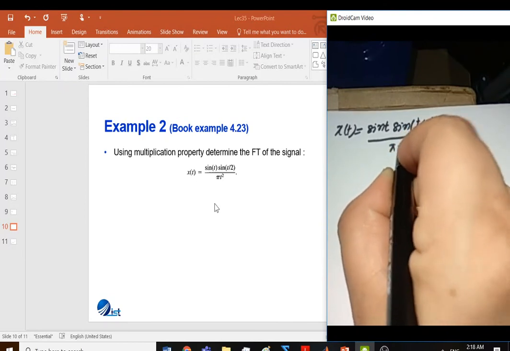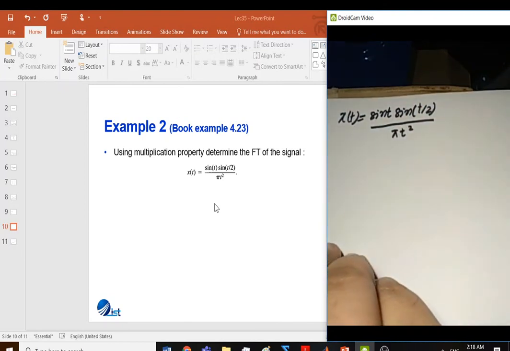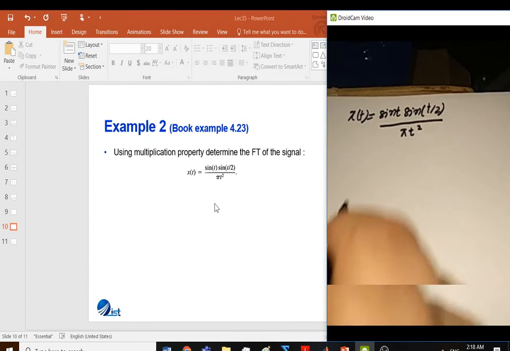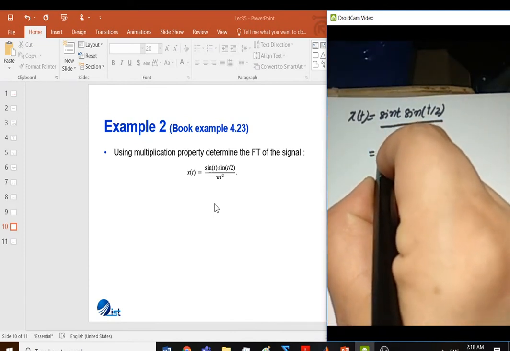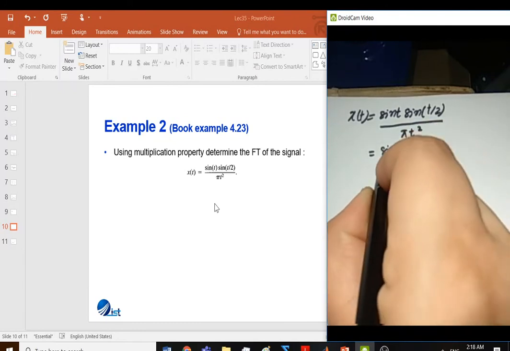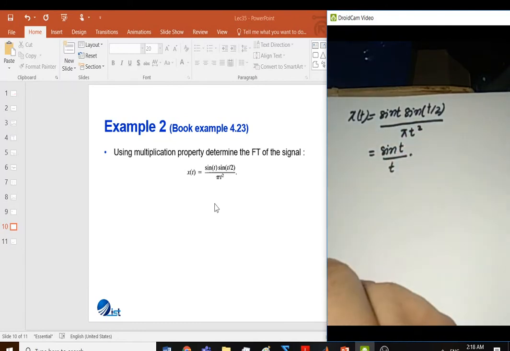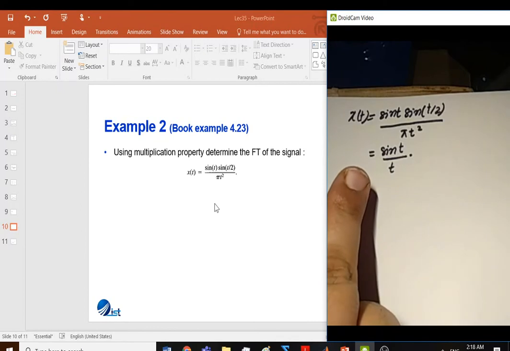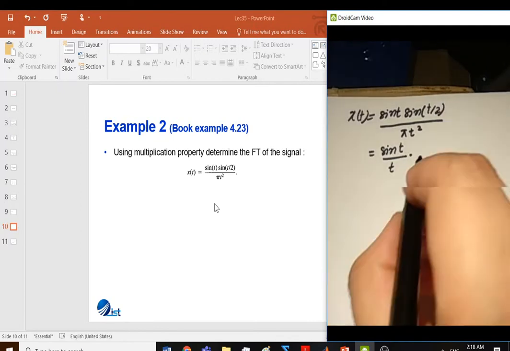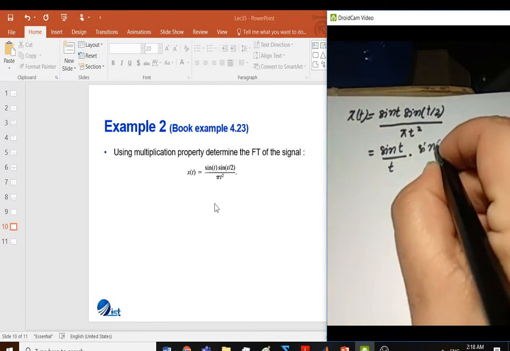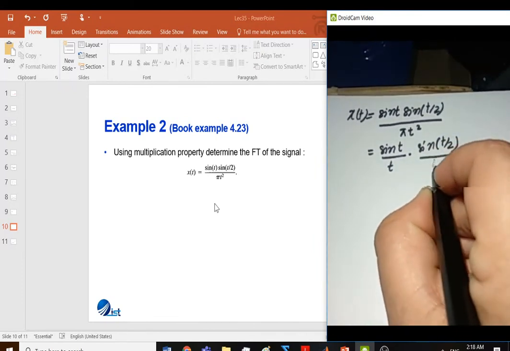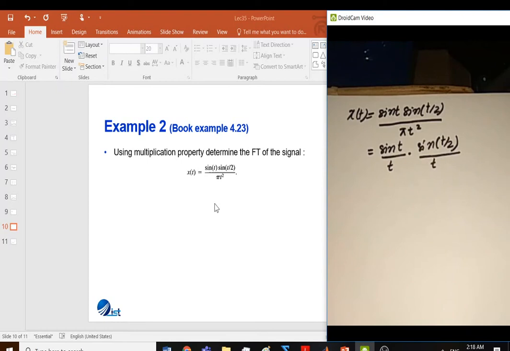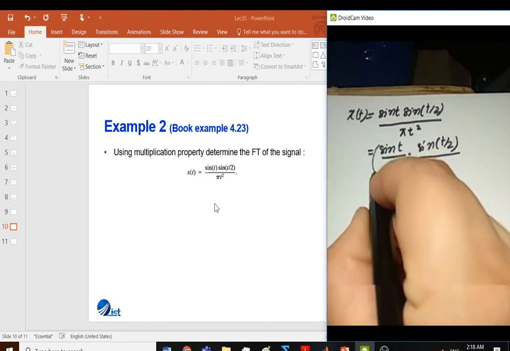I decompose this into two terms. This is equal to sine t by t, which is the first term, a sinc term, into sine t by 2 by t, the other sinc term, into 1 by pi.